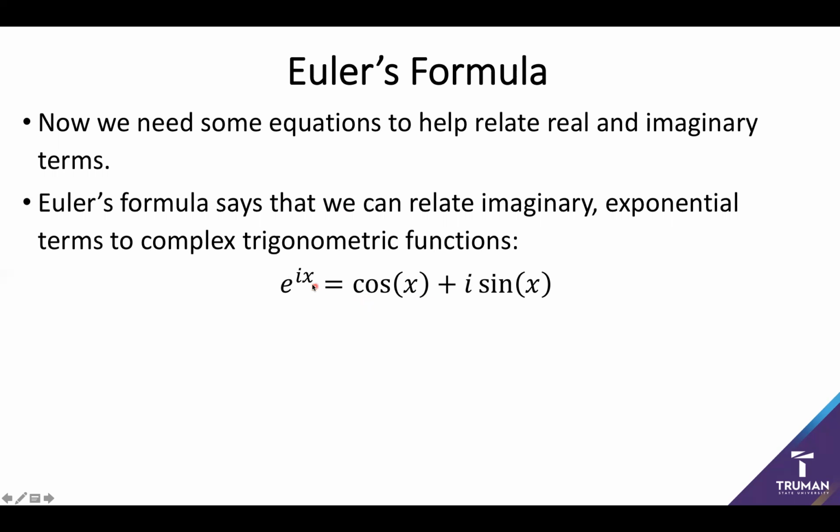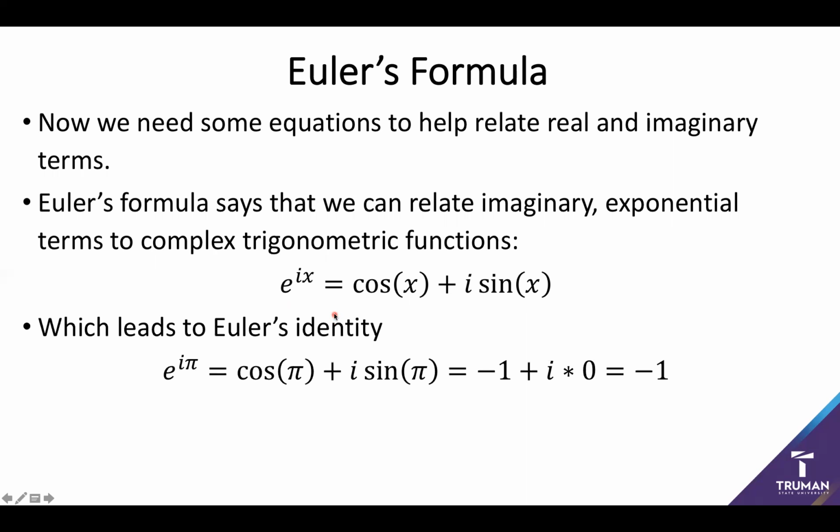Using these imaginary exponentials, we can construct wave functions that are purely real or purely imaginary, or more often a combination of the two. Now, it is worth noting that it is kind of tricky to prove Euler's formula, but it has a lot of really great utility. One of the most interesting consequences of Euler's formula is what's called Euler's identity.